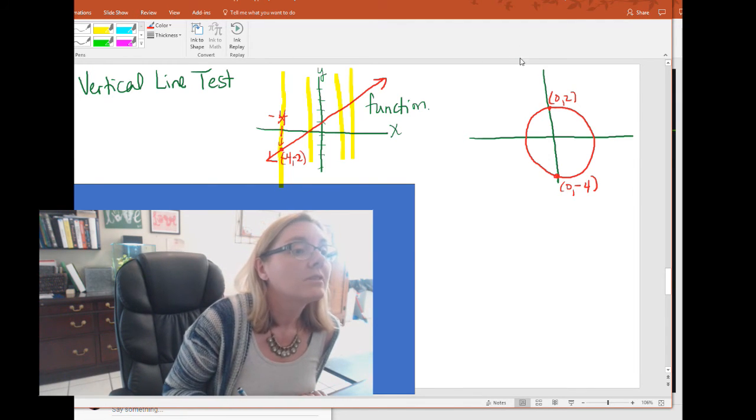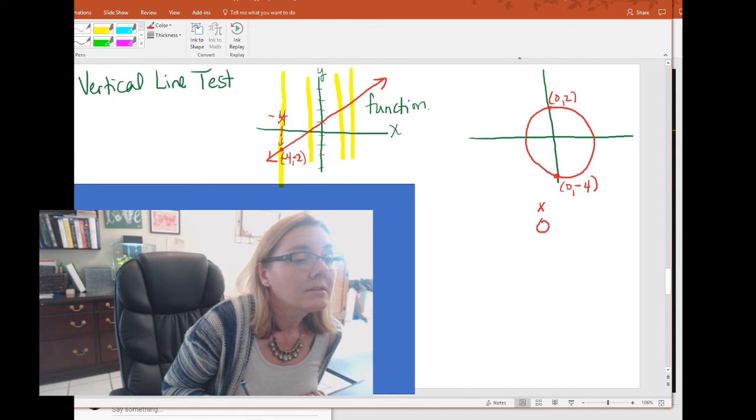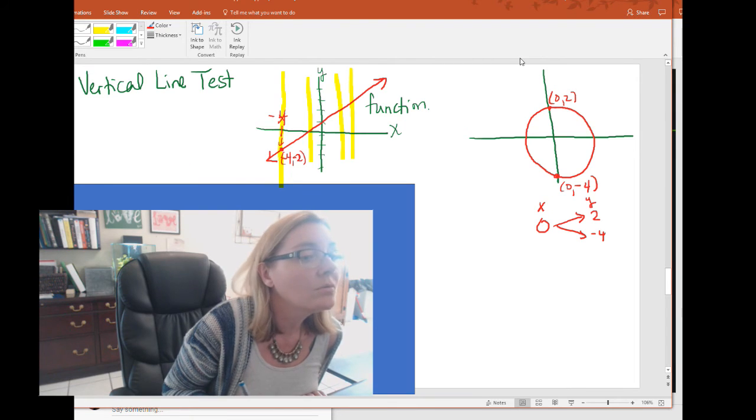Right there you can see that we have one input, an x value in the domain, that matches up with two different outputs. So if I just told you the input 0, you wouldn't know which output I was referring to.